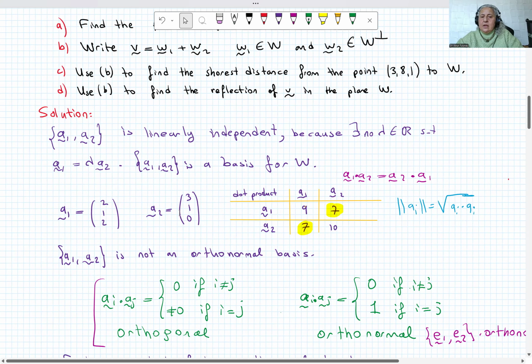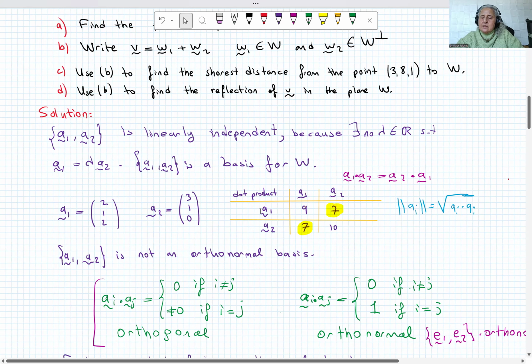For A2, it is 3 squared plus 1 squared plus 0 squared, 9 plus 1, that will be 10. Sorry, A1 dot A2 will be 7: 3 times 2 is 6, plus 1, that will be 7.